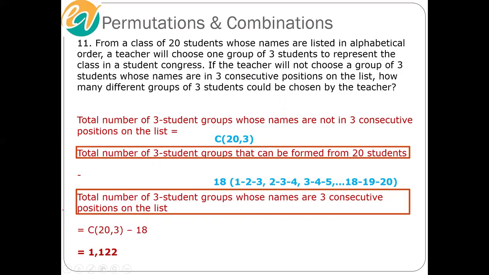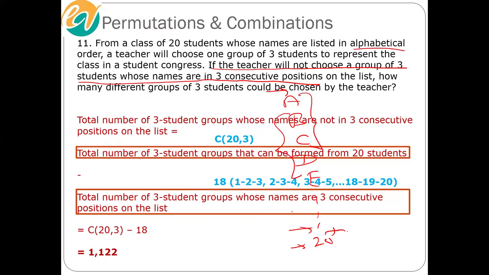Well, because of this statement: the teacher will not choose a group of 3 students whose names are in 3 consecutive positions. If you look at a class register, it's from A, B, C, D, E, F, and so on till the 20th. So the 19th, 20th, and the first would not be considered consecutive. It's not an endless cycle. So that's where I said these 3 will not be counted, these 3 will not be counted, and so on.